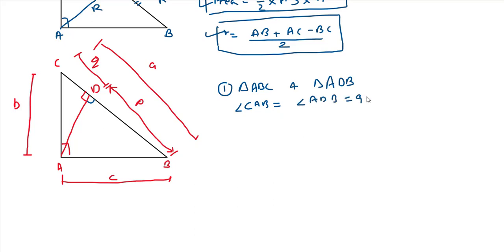And both of these angles are equal to 90 degree. Now, if you notice, angle ABC and angle ABD are common to both the triangles. So we can say that angle ABC is equal to angle ABD. Both are common angles.